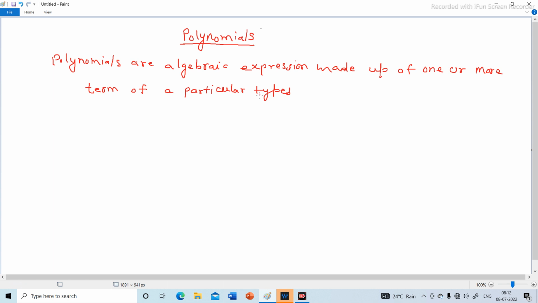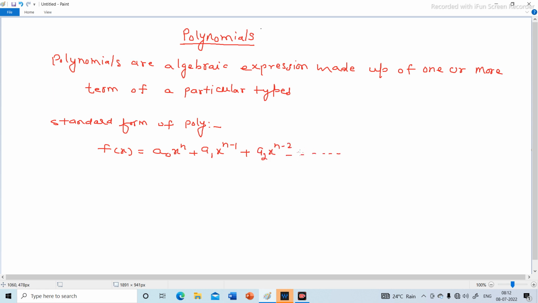So, standard form of polynomial. What is the standard form of polynomial? f(x) equal to a0 x^n plus a1 x^(n-1) plus a2 x^(n-2) up to, I can write, the last term is an.